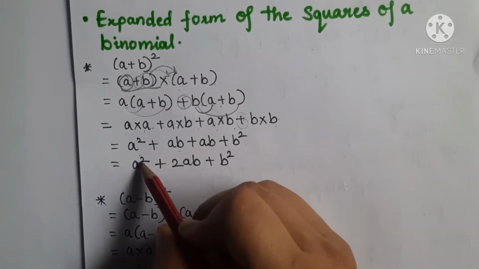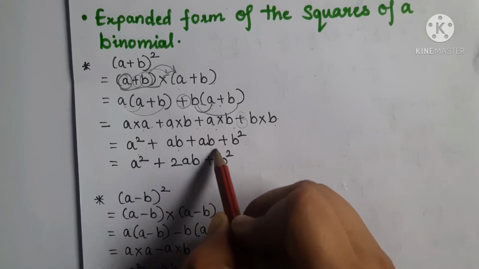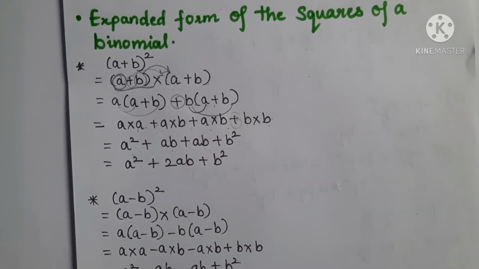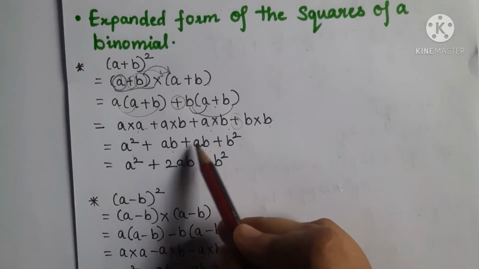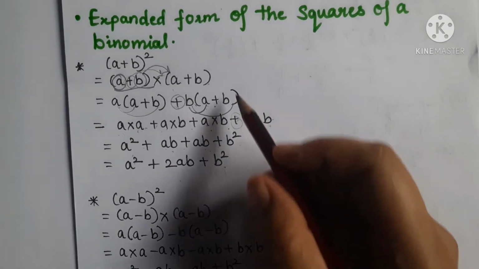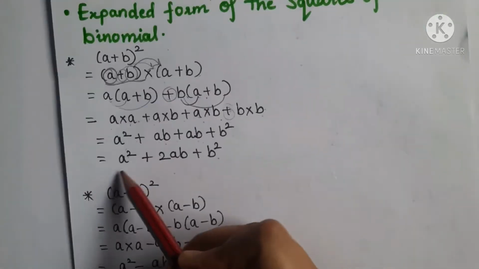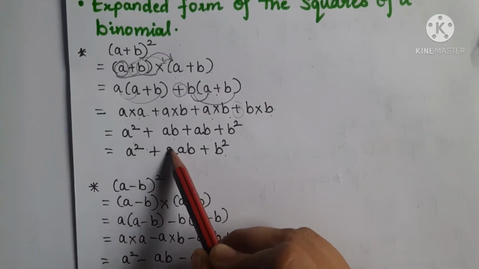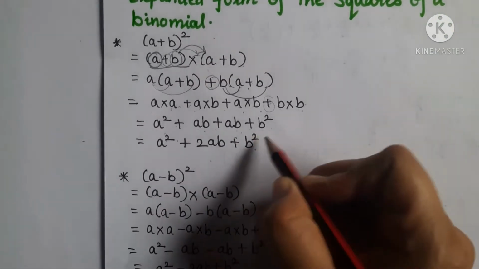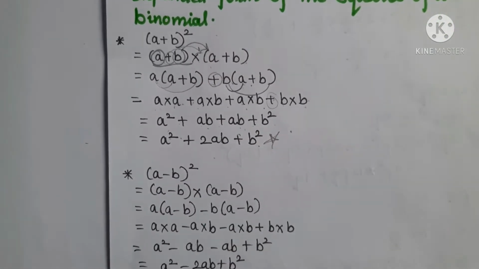Therefore a square, 1ab plus 1ab gives you 2ab, plus b square. So the formula for (a + b) the whole square is a square plus 2ab plus b square. This is an important formula you should learn.